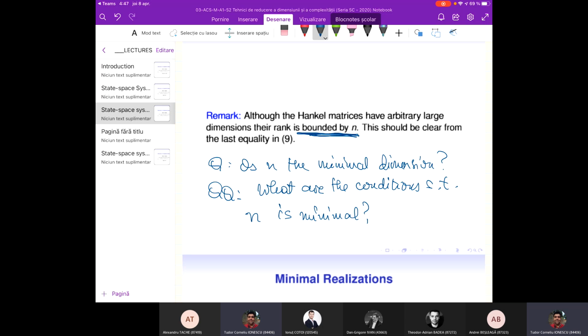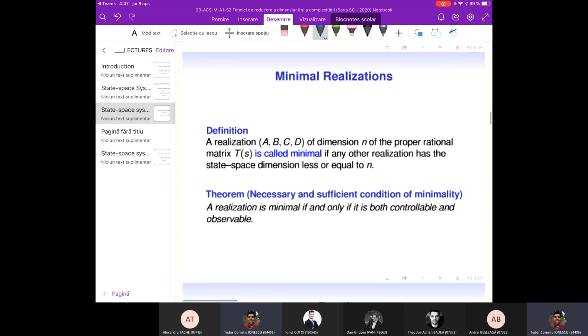All right, let's carry on. Like I was saying, let's answer the question: what is a minimal realization, and actually, what is the minimal dimension of a realization of a transfer function?